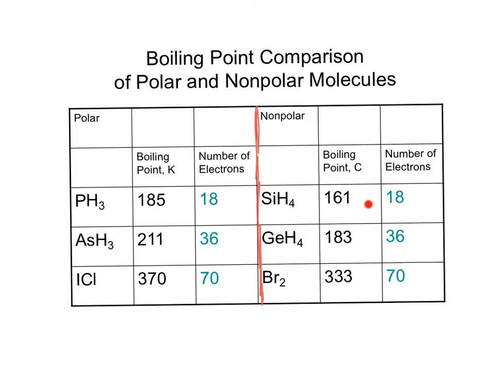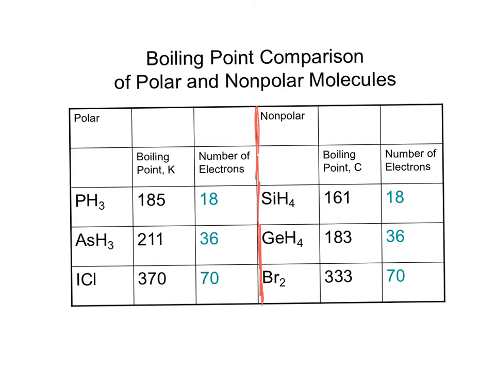The difference is due to the fact that it's polar, and there are dipole-dipole interactions. Similarly, with arsenic compounds versus germanium, same number of electrons, nonpolar boiling point 183, polar boiling point 211. The difference is due to the polarity in this compound.